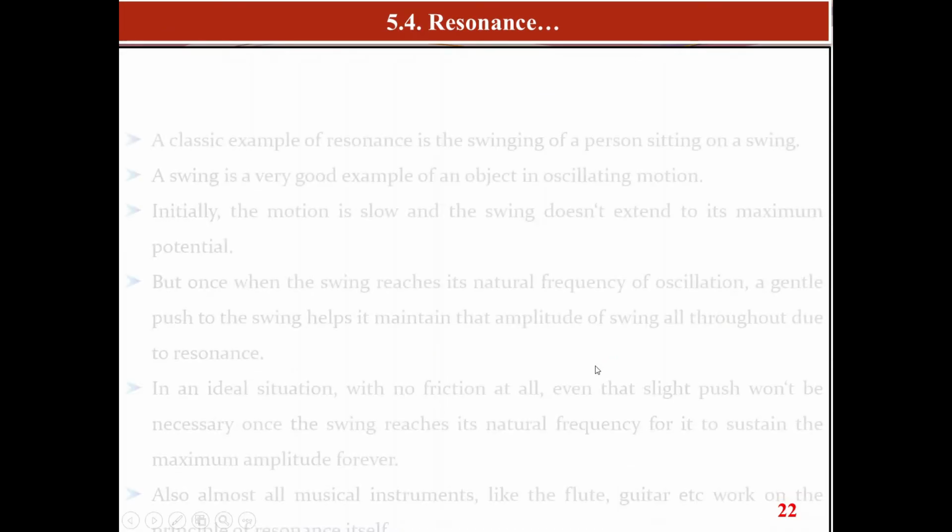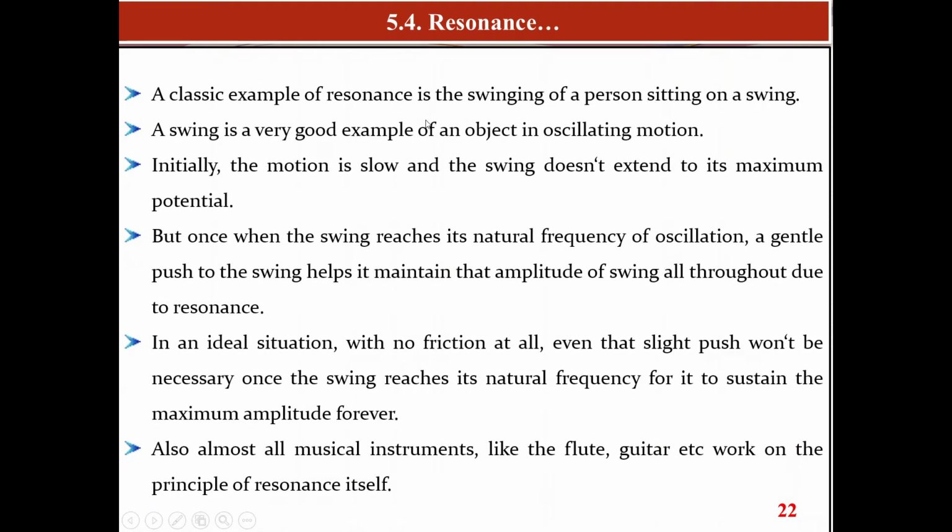A classical example of resonance is the swinging of a person sitting on a swing, maybe a child or others. A swing is a very good example of an object in oscillating motion. Initially the swinging is very slow, and the swing doesn't extend to its maximum potential.